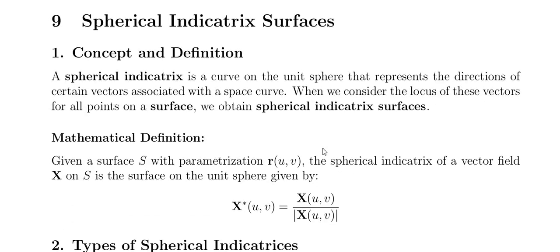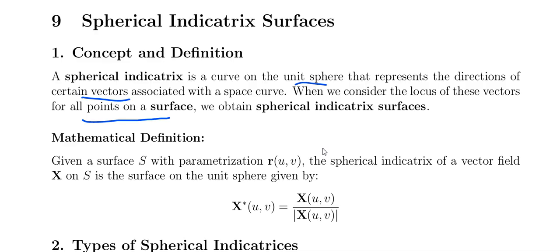Okay, spherical indicatrix surface. That means a spherical indicatrix is a curve on the unit sphere that represents the direction of certain vectors associated with the space curve. So consider the locus of these vectors for all points on the surface, we get the spherical indicatrix surface.